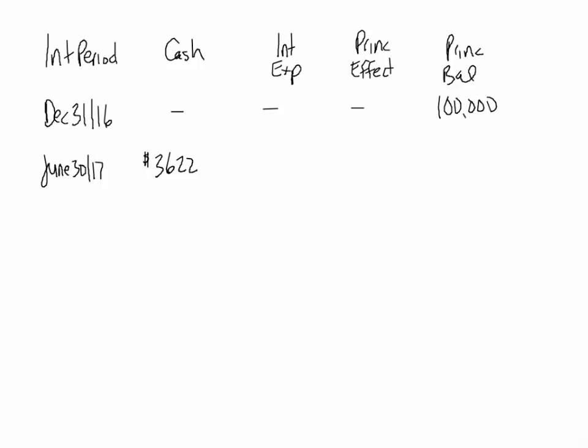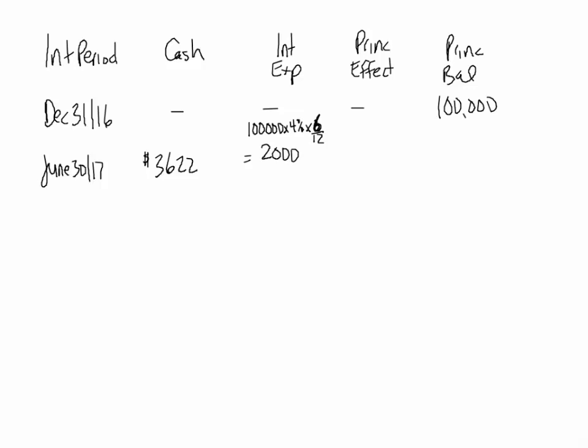The question becomes, what is our interest expense for that portion? And so for the interest expense, we're going to do the same thing we did before. $100,000 times the 4% times the 6 over 12. And it's still going to be equal to the same amount, $2,000.